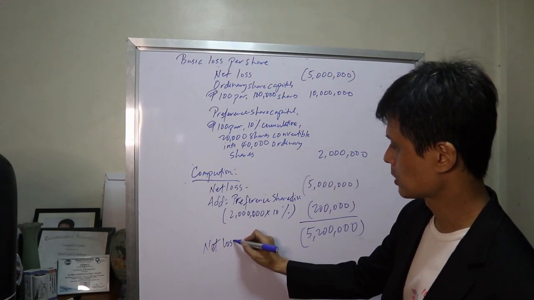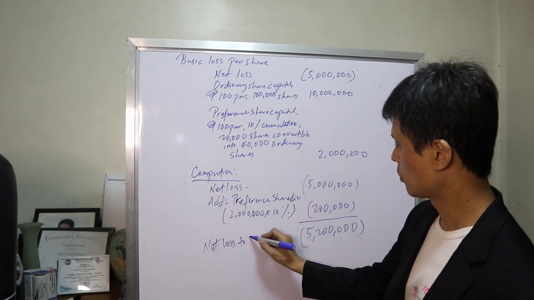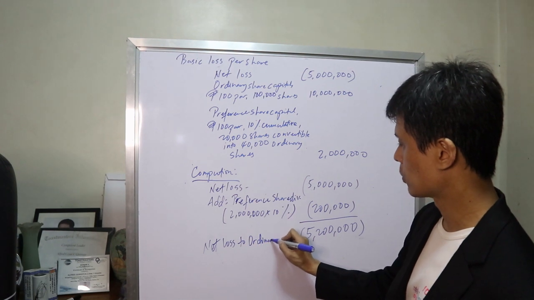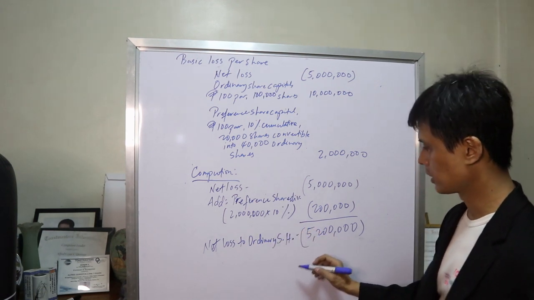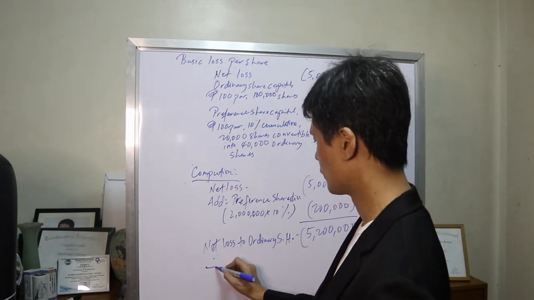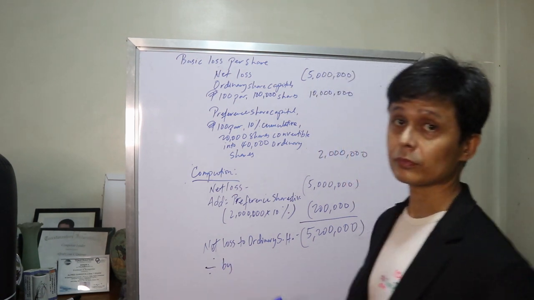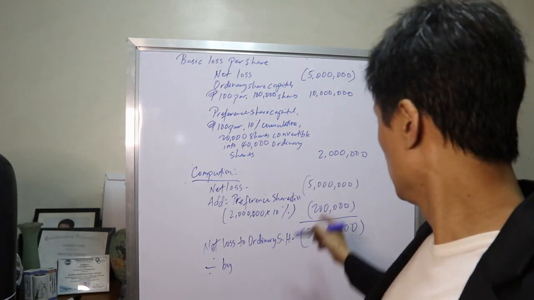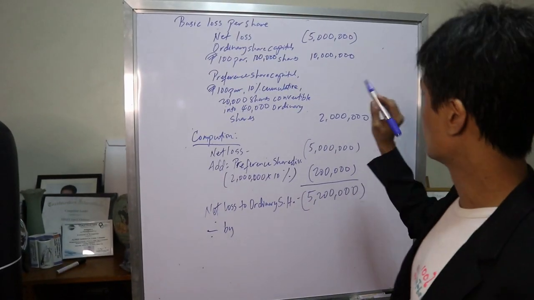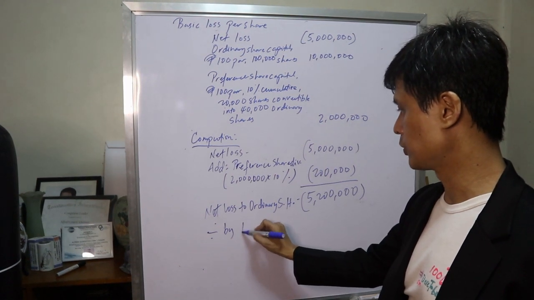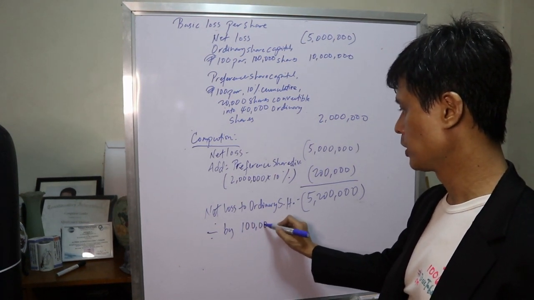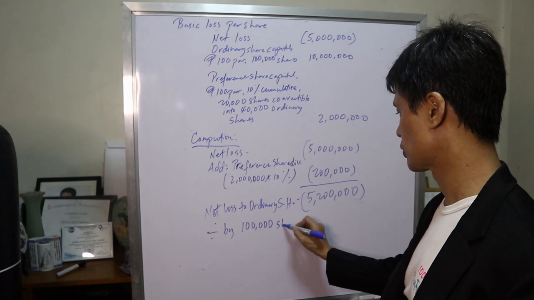Net loss to ordinary shareholders. Okay, and then divide this by the number of shares of common or ordinary shareholders.